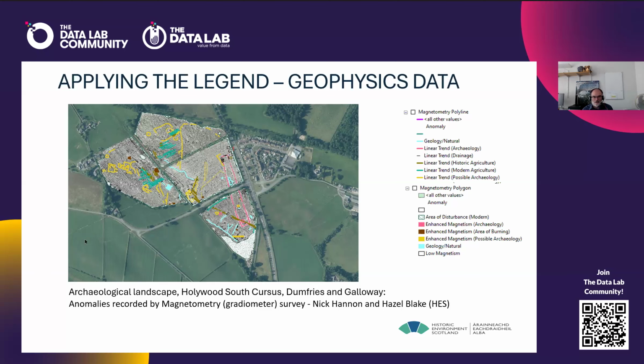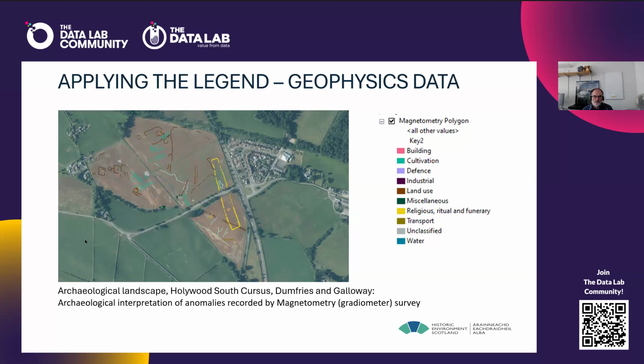And there's a further map that's then distilling that down to the archaeology that we can identify from that. And again, we're using the same legend to display the results from the magnetometry survey as we used for the airborne mapping. So I'm still to convince my colleagues that this works.